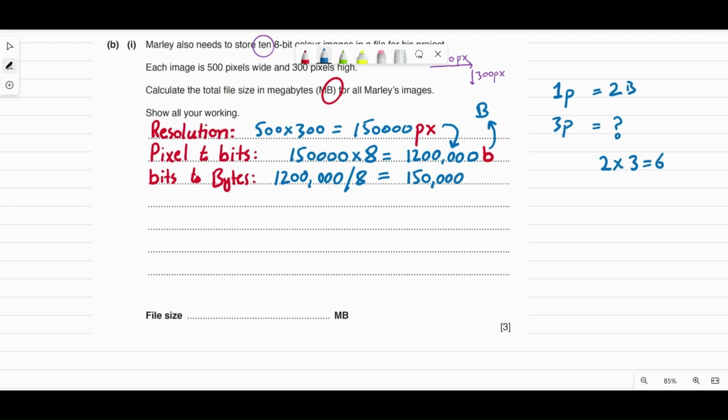Fine, so bytes. Now what remained is the mega part. Again, we go from a smaller unit, byte, to mega. We only need to look at byte to mega. So we have a jump of byte to kilo first, then kilo to mega.